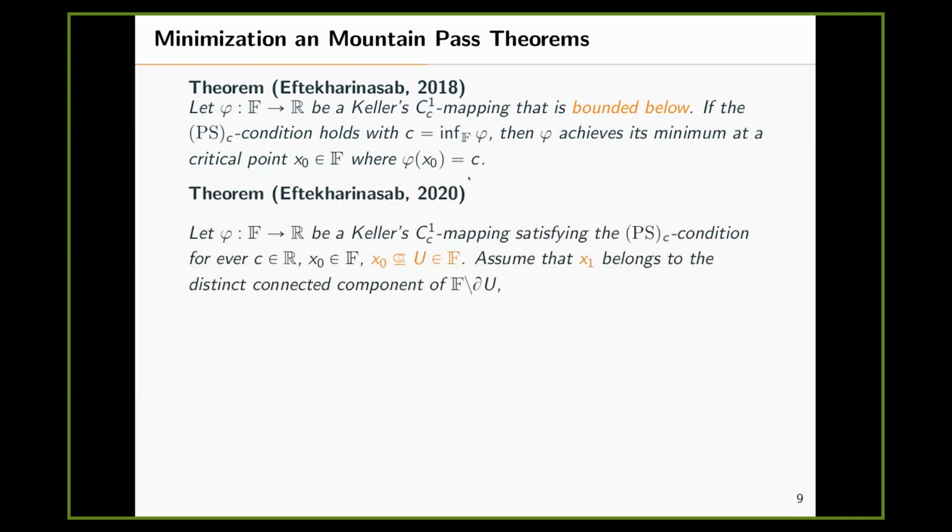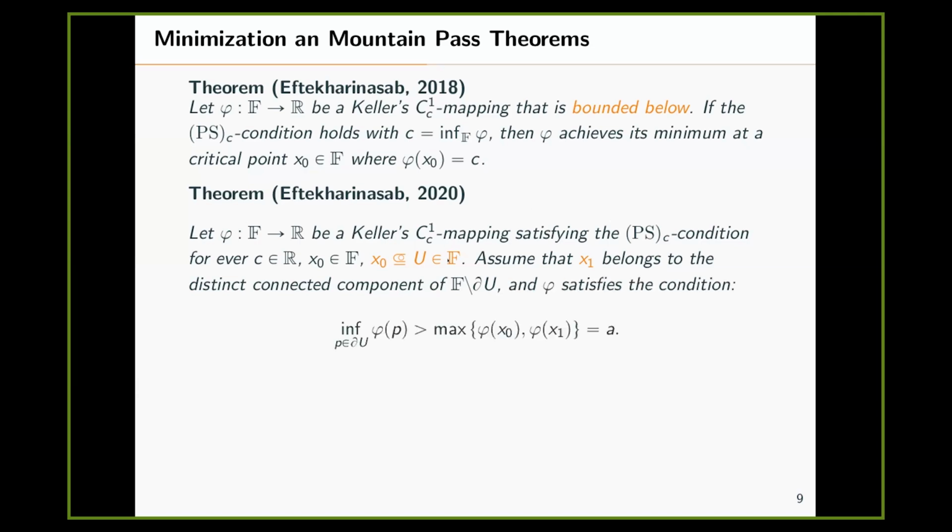Another ingredient that we need is the Mountain Pass theorem. It is important for finding critical points of unbounded functionals. Here is roughly the theorem: again, consider a functional that satisfies the Palais-Smale condition at every level.